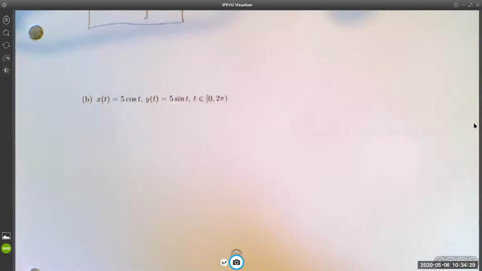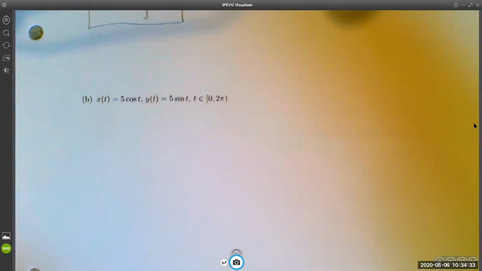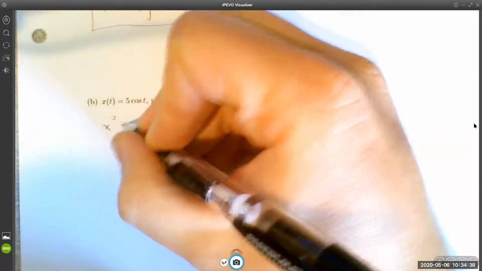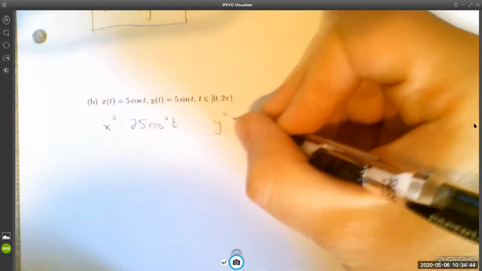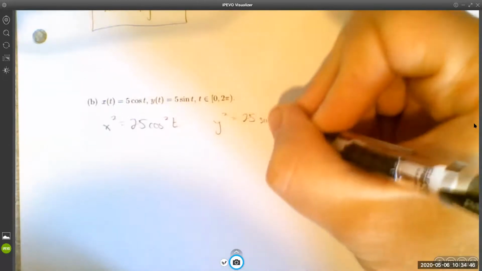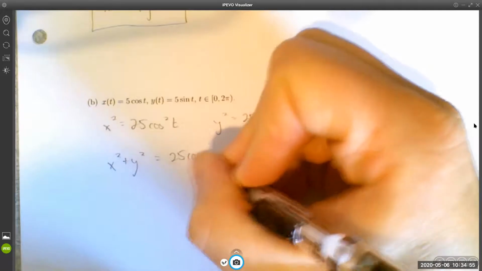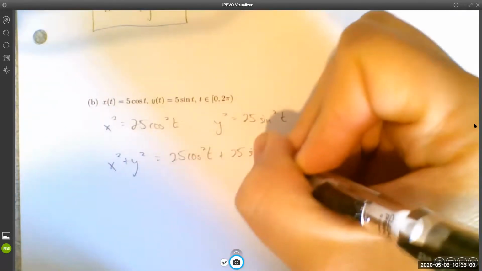I know that if I add those together, I'm just going to get 1, and that will eliminate my t's. So that's exactly what I'm going to do. x squared is 25 cosine squared t, and y squared is 25 sine squared t, and therefore x squared plus y squared would be 25 cosine squared t plus 25 sine squared t.